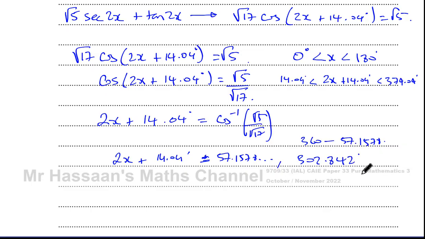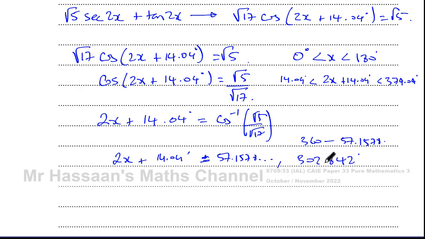Now we have to find the x, because there's no other solution within our range, because all the other solutions will be separated from this solution every 360 degrees. The cosine curve repeats itself every 360 degrees.